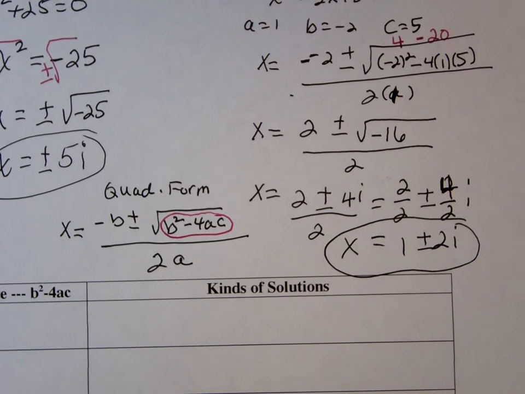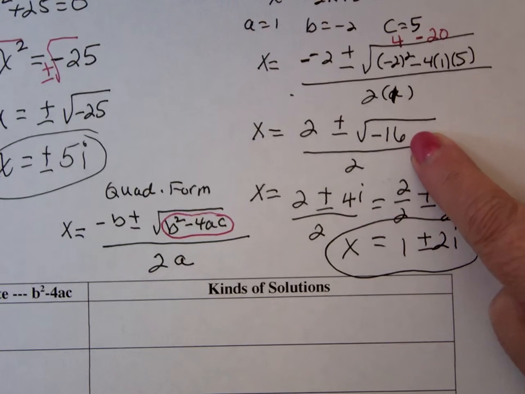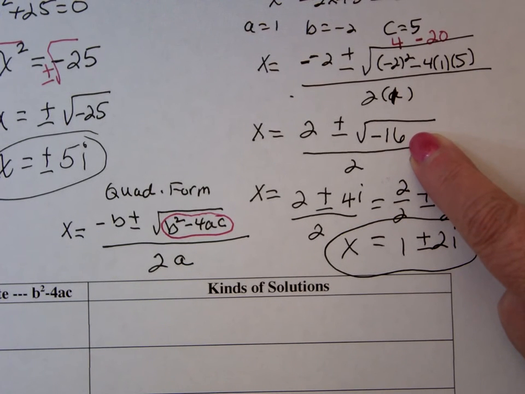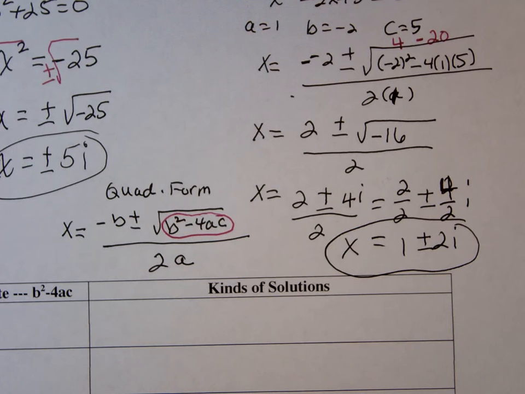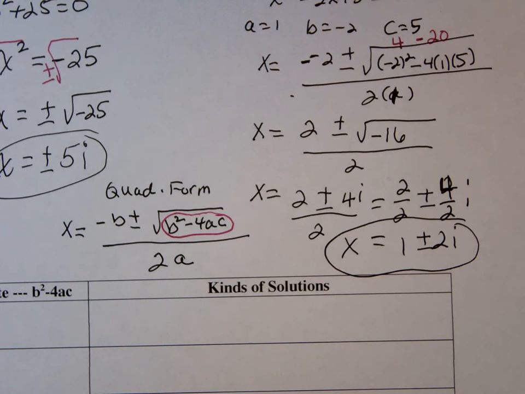The reason I knew I had imaginary solutions was because what was under the radical was negative. In the first programming course, I took a course called Numerical Analysis. The first program that I had to write for that class was a program that did the quadratic formula. And you learned a lot about the quadratic formula at that point.